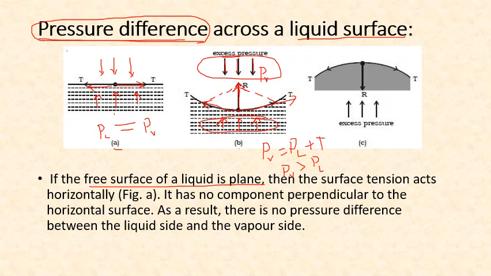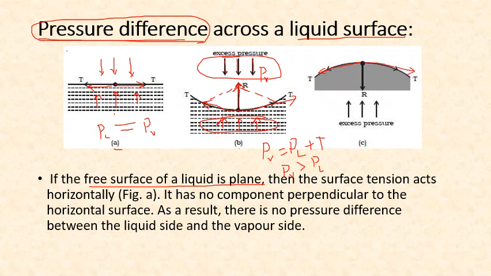And if you come to figure C, here the liquid is curved outward, that is, the liquid has a convex surface. Now here, the surface tension will try to push like this, as well as from the other side, the surface tension will be in this fashion.